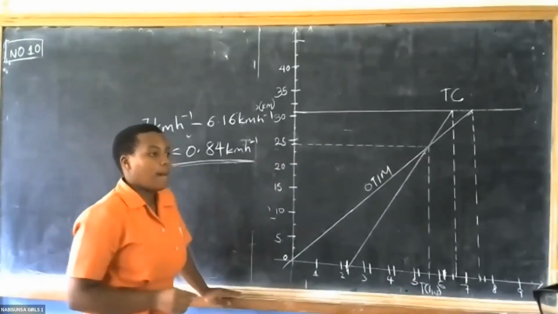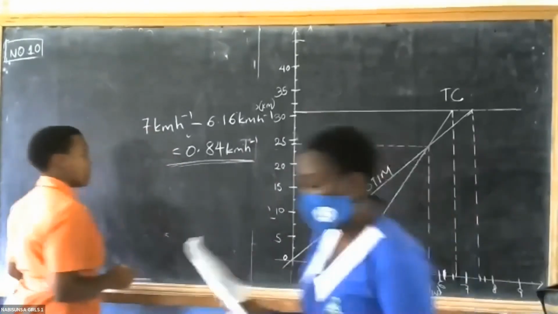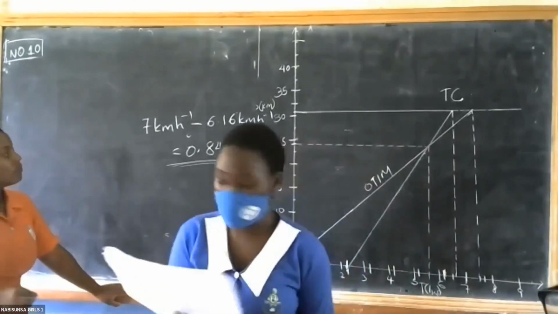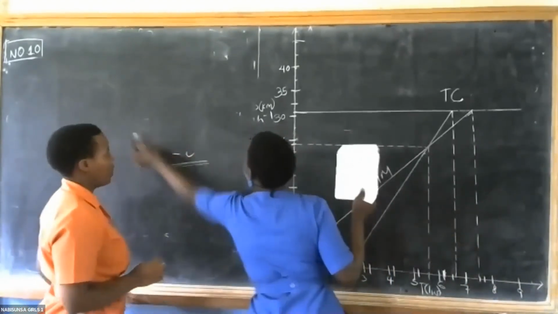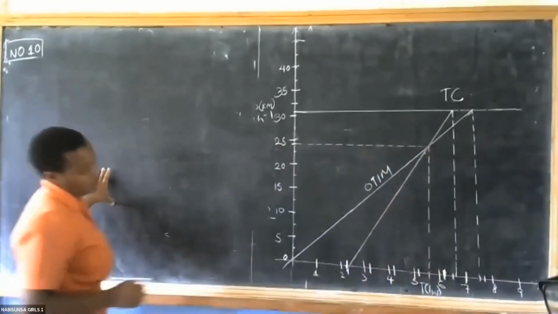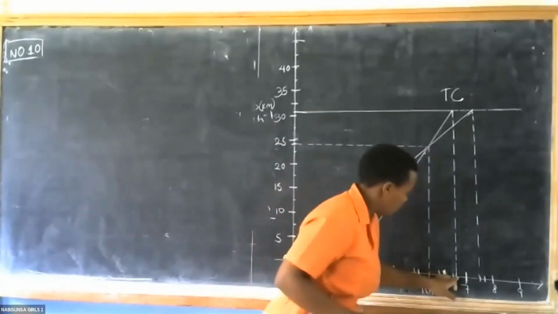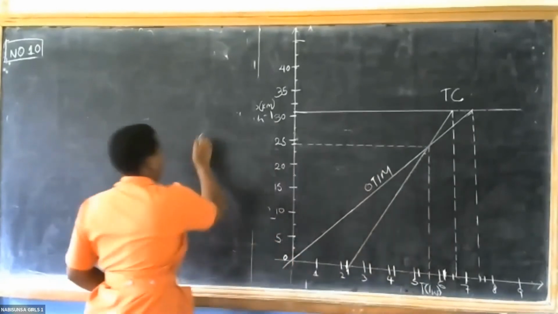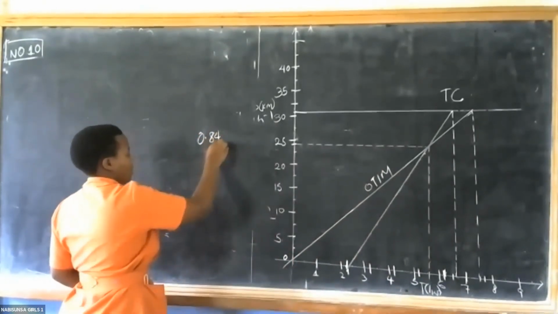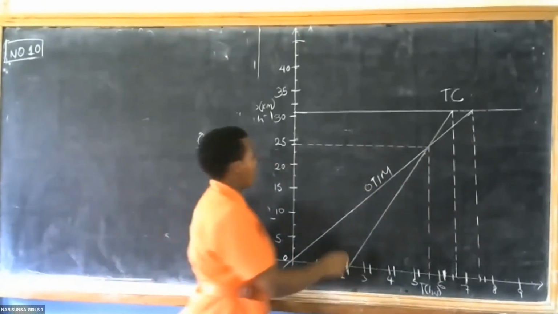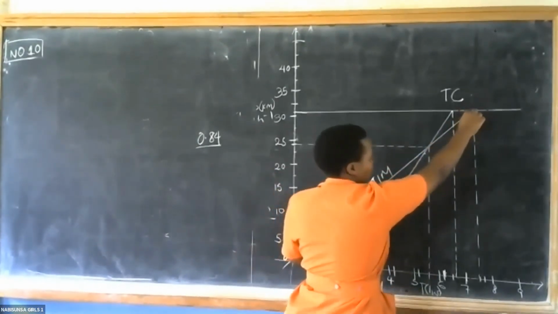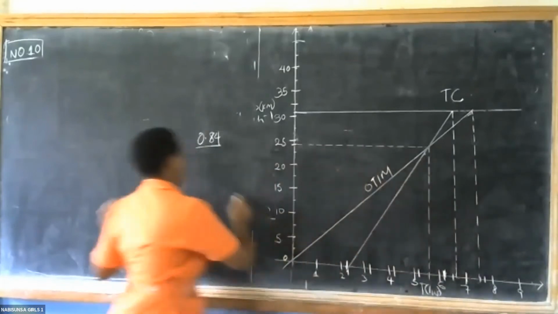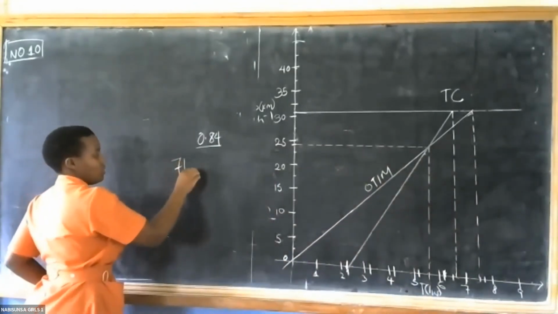Next question. For how long was he in the trading center before Otim joined him? We are going to use the time when Otim arrived, which was 7 hours and 42 minutes.